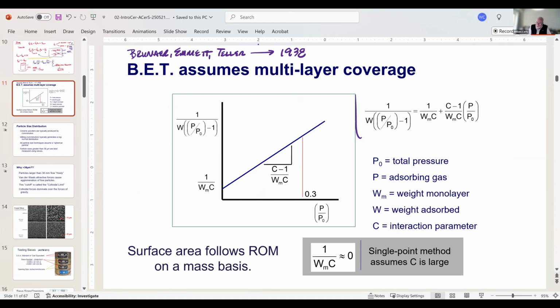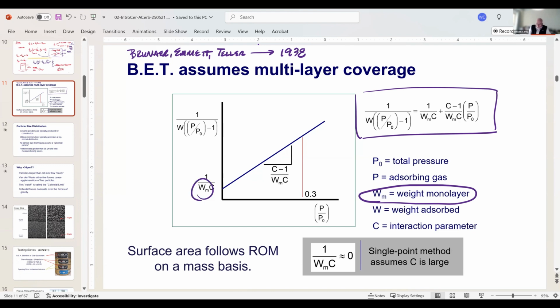It was here, okay? And there's some misperception here, but they came up with a special case for absorption behavior. And they say that this corrects for multi-layer coverage. So what you're looking for is the weight of one monolayer, which is this value, and that's 1 over W sub m times C. C is an interaction parameter, which is typically large, 50 to 300.